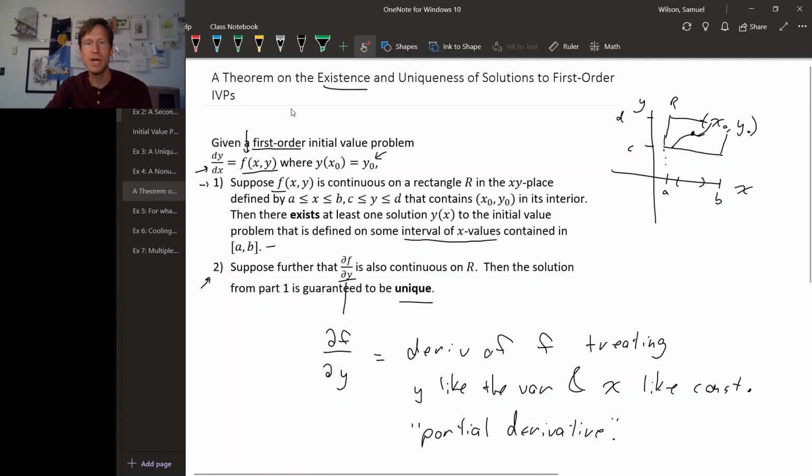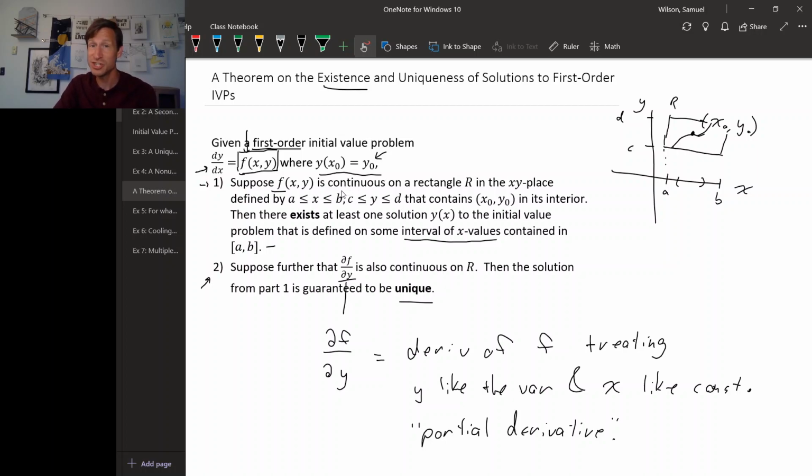Okay, so as you can see, part 2 also can say yes, the solution is unique, or I don't know if it's unique. It can't say that the solution isn't unique. So you can see that whether there is a unique solution all depends on the properties of this function on the right that really is describing the differential equation together with the initial condition.